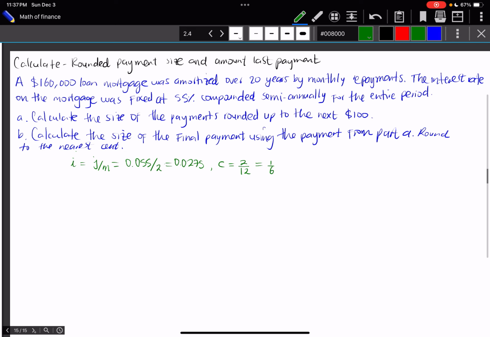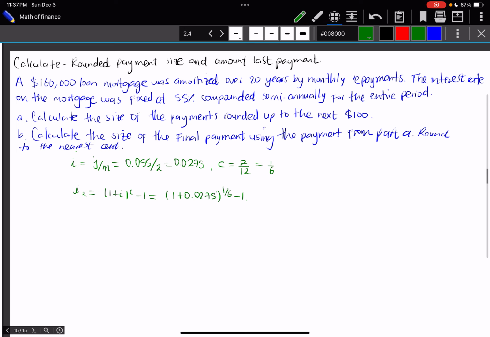The effective interest rate turns out to be I2 equals (1 plus I) to the C minus 1. So we do 1 plus 0.0275, to the 1 over 6, minus 1.